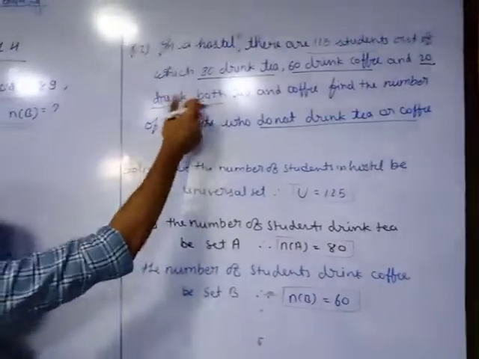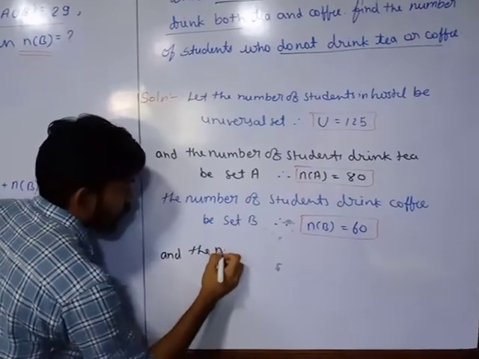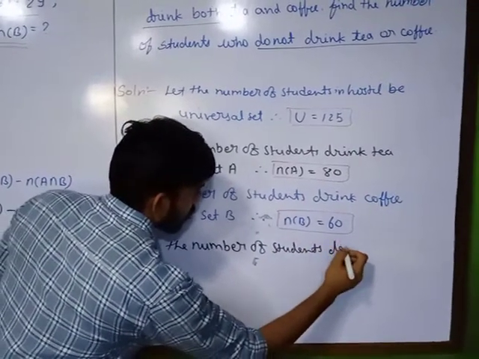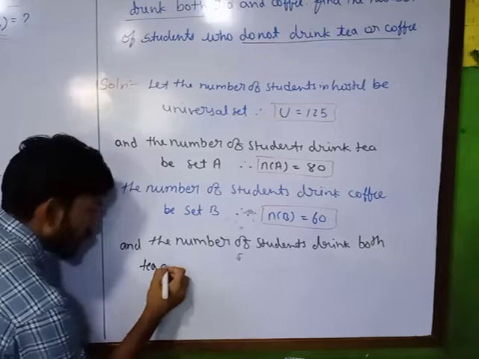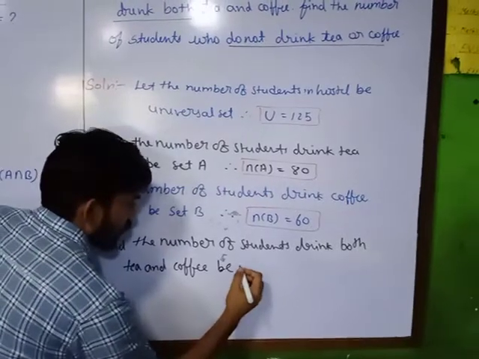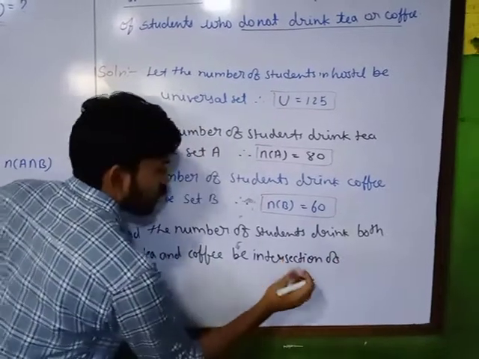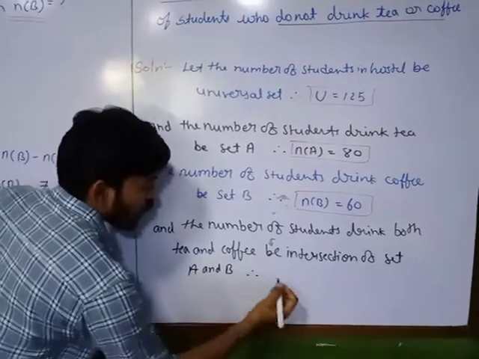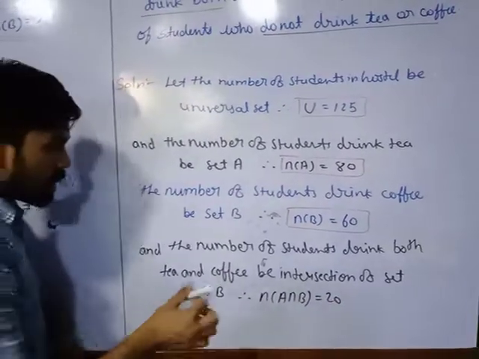One more thing we have, 20 drink both tea and coffee, and the number of students who drink both tea and coffee be the intersection of set A and B. Therefore, number of A intersection B is equal to 20.